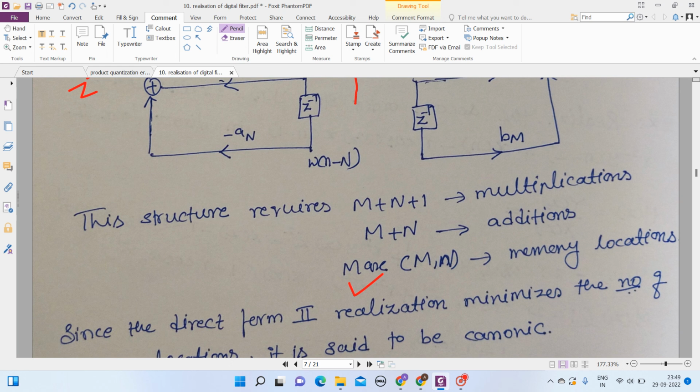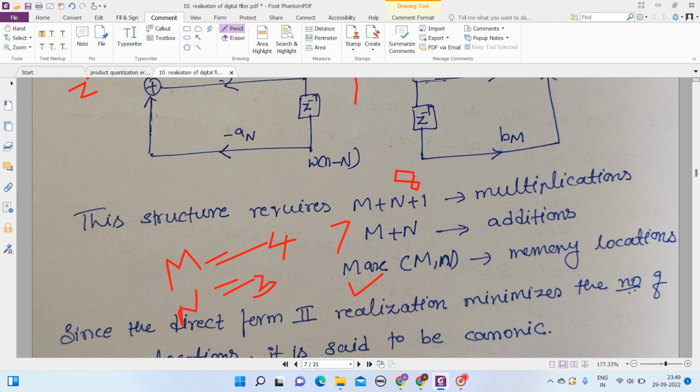For example, if the m value is 4 and n value is 3, the number of multiplications is 4 plus 3, 7, plus 1, 8. Number of additions is 7.